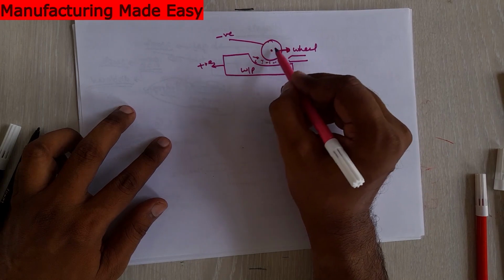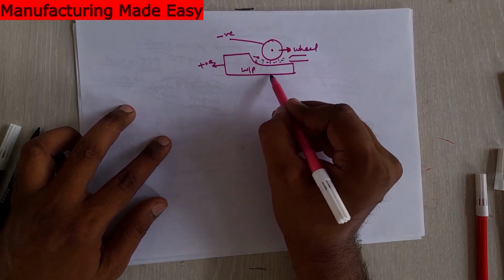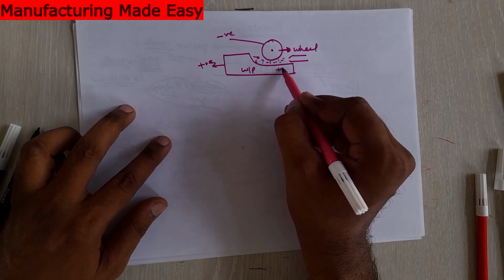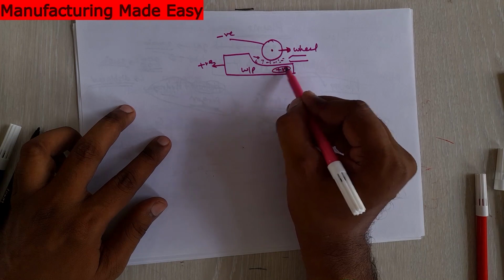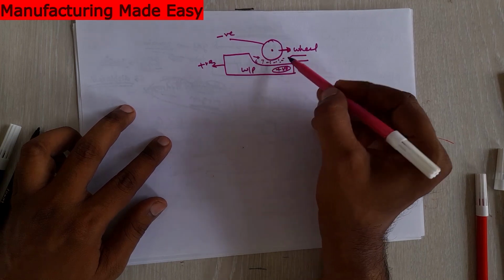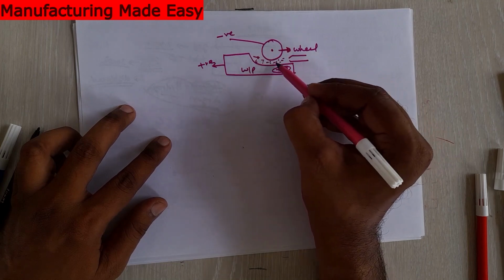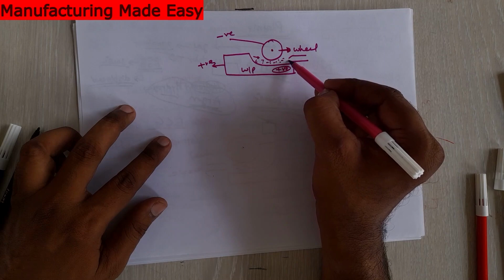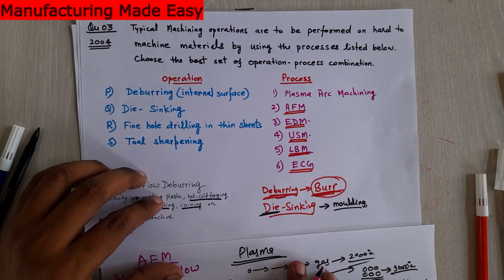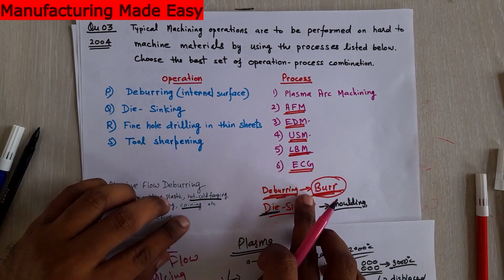The workpiece must be conductive material so we can perform this electrochemical grinding. Along with grinding, it also uses the electrochemical machining process. So this was all about electrochemical grinding.